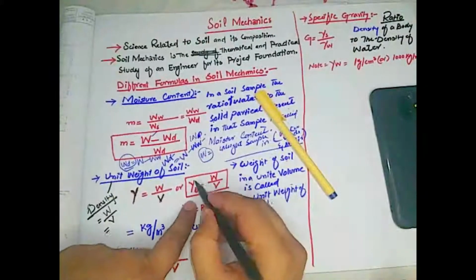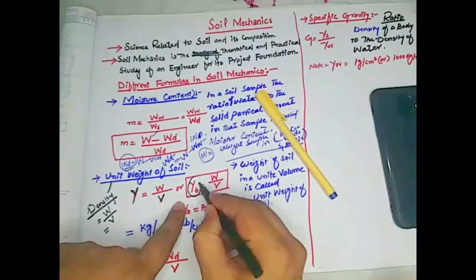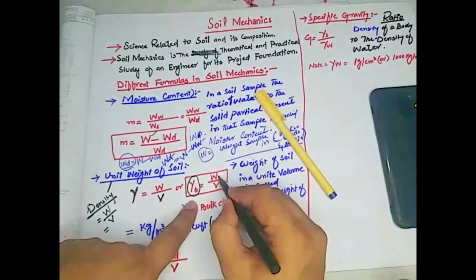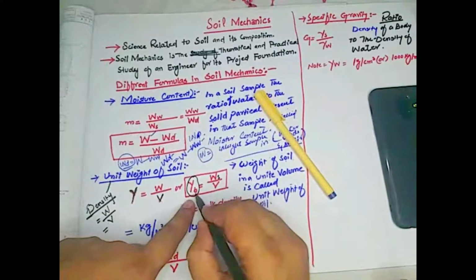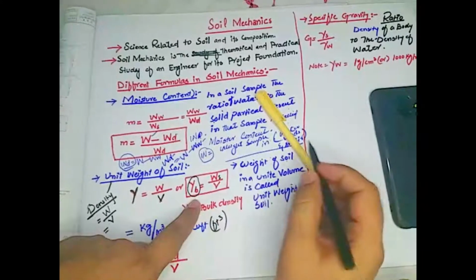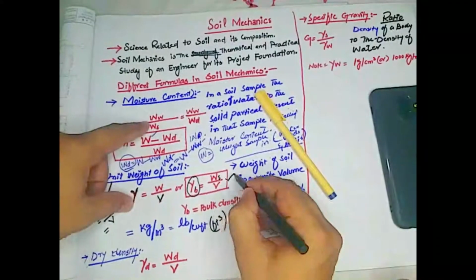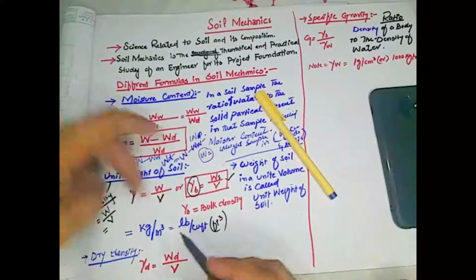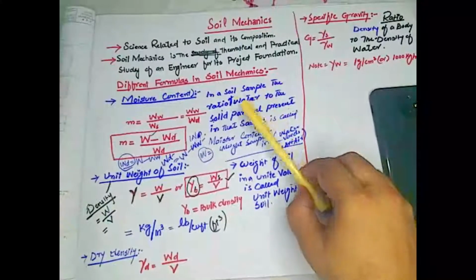The weight of soil divided by the volume is called bulk density.